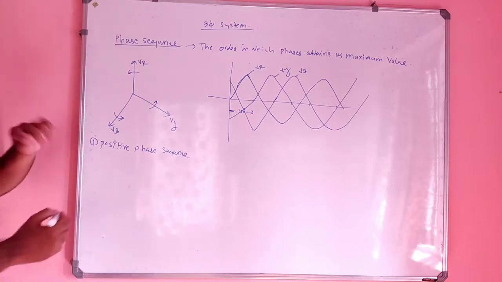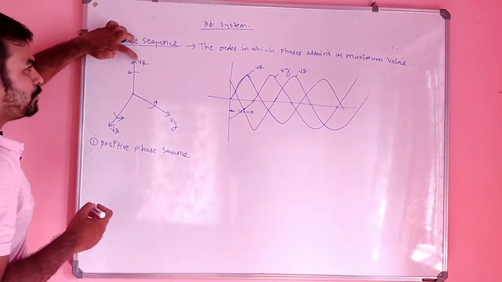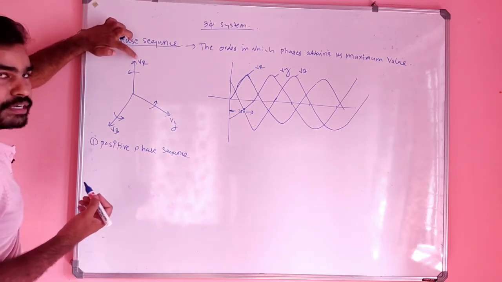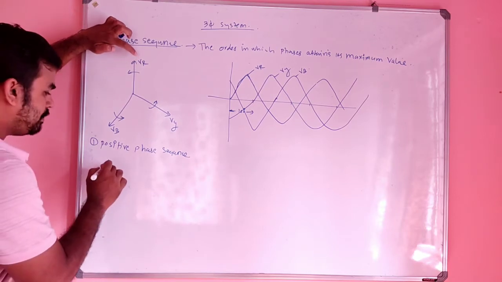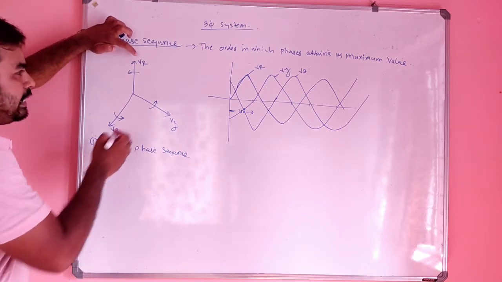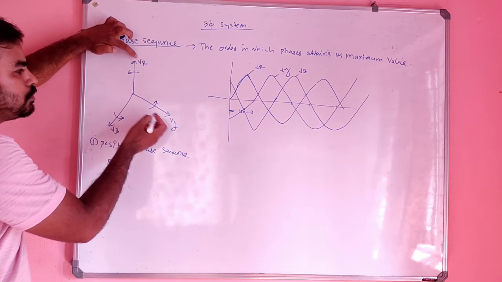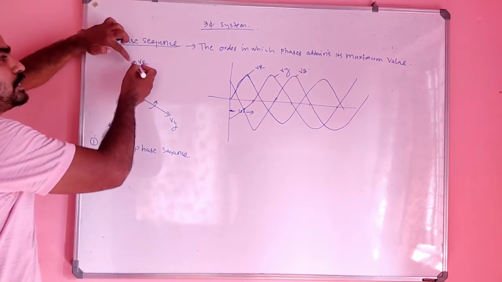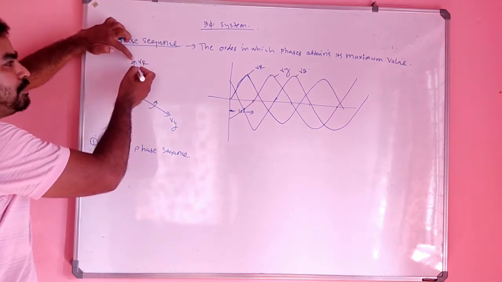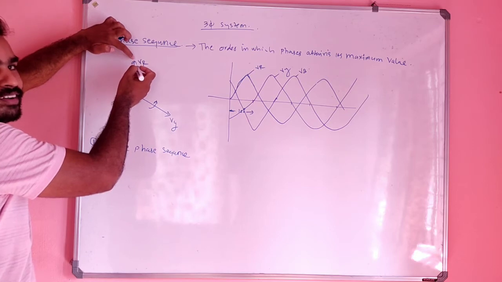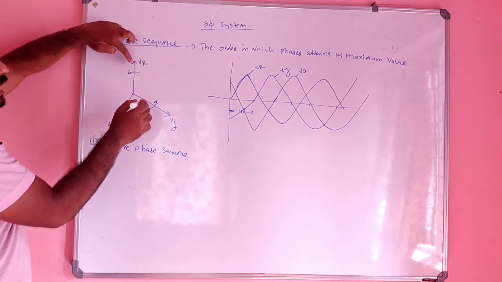Okay, that means I will explain. Suppose I am taking R as a reference. So let R be the reference. If I turn Y in anti-clockwise direction, it will have a position of R right now. This is R, right?